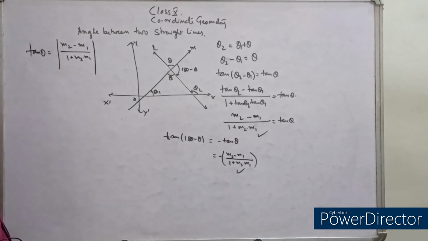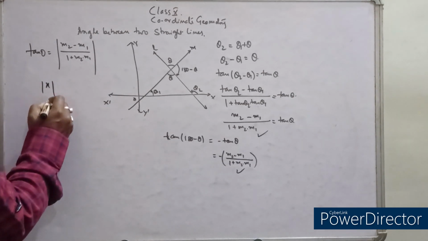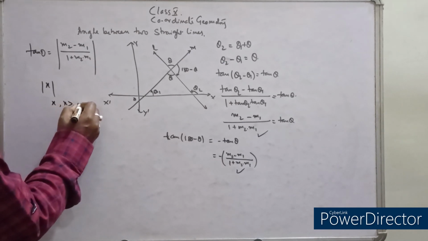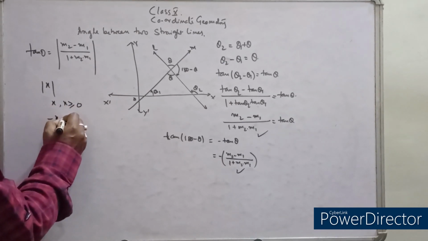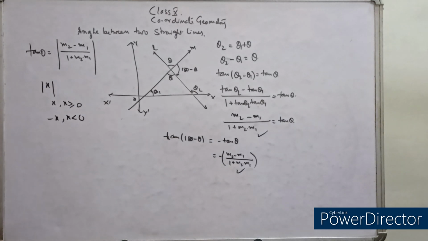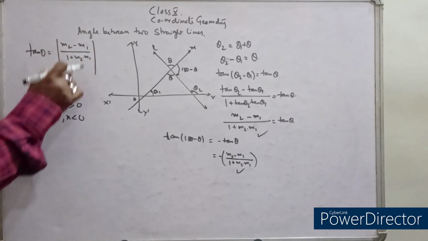They have written it in modulus because, as per the definition of modulus, it has two values: x for x greater than or equal to 0, and minus x for x less than 0.